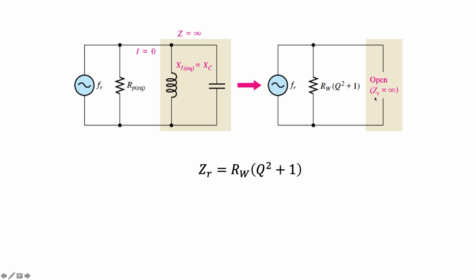Thus, the total impedance of the circuit is equal to the equivalent parallel resistance of RPEQ and the tank impedance. Since the tank impedance is infinite, the total impedance of the circuit is just equal to the expression above, as derived previously.